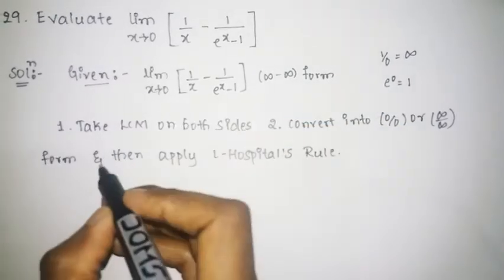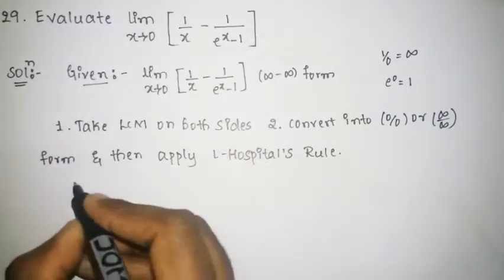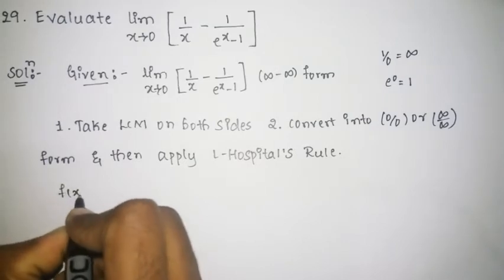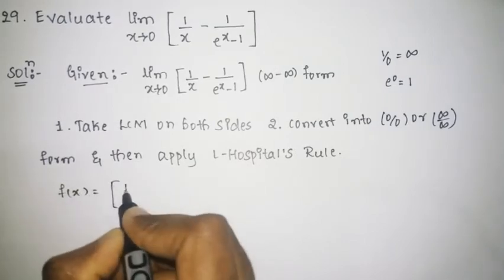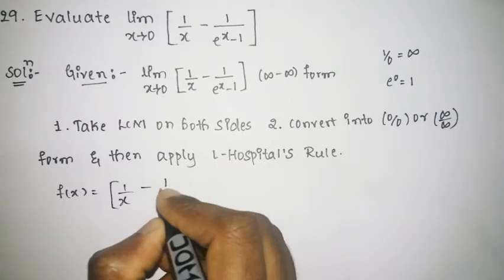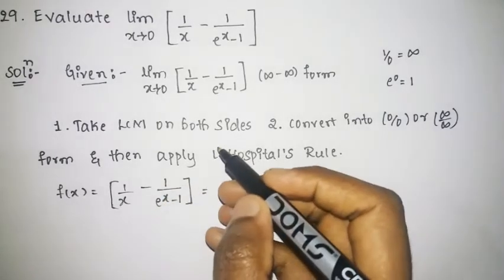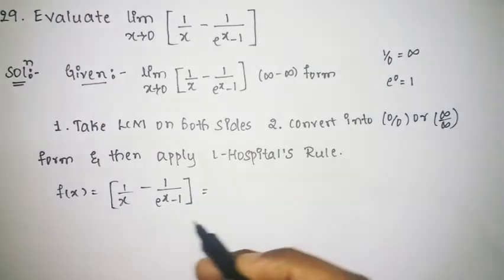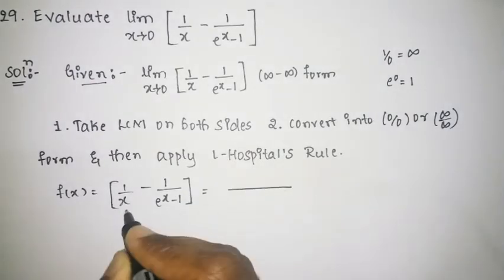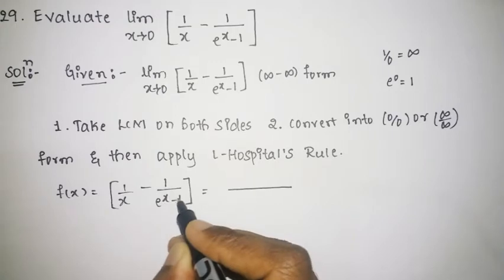So the first step is we need to take the LCM on both the sides. The given f of x is equal to 1 divided by x minus 1 divided by e raised to x minus 1. The total LCM is x into e raised to x minus 1.